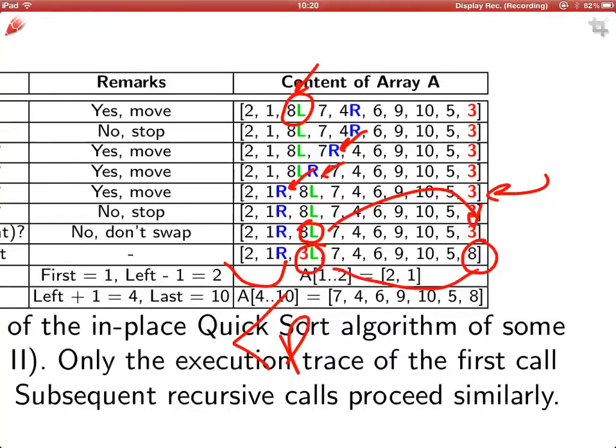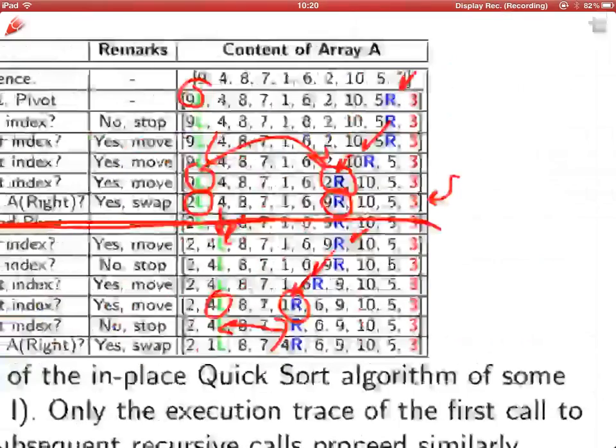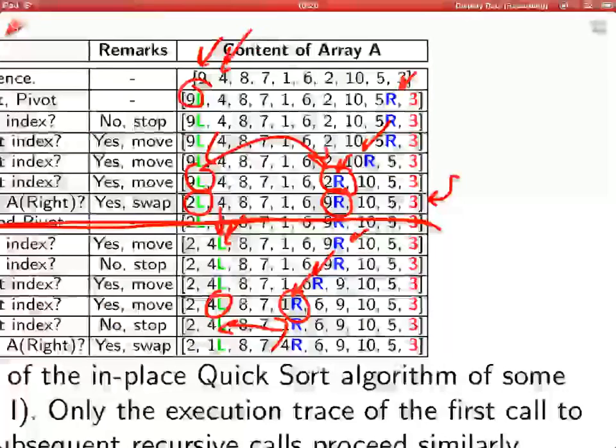Once left goes past right here, we stop the bigger loop. Okay, so that's the stopping condition.